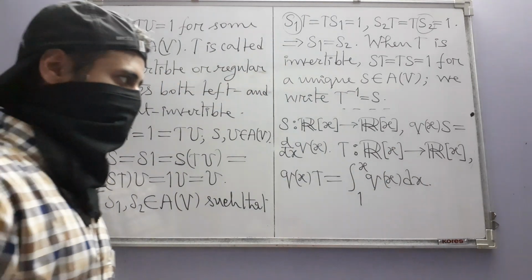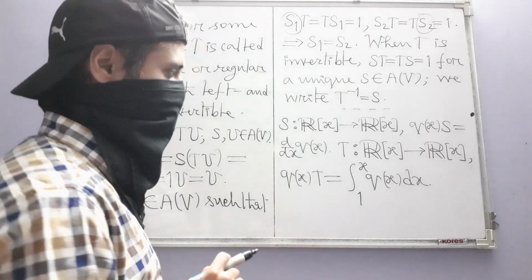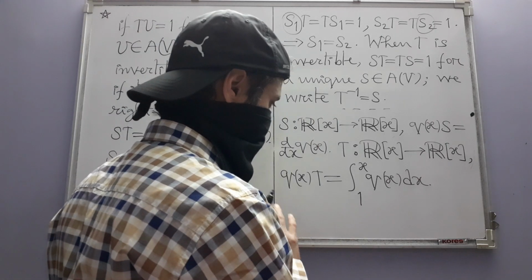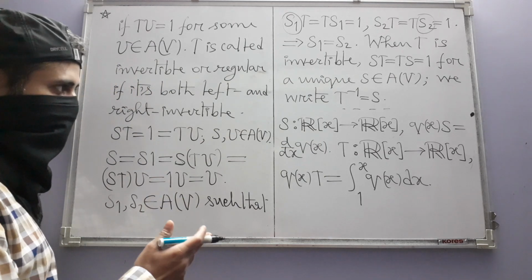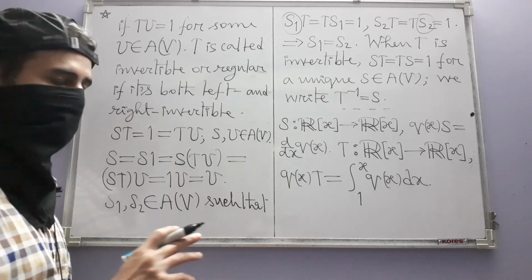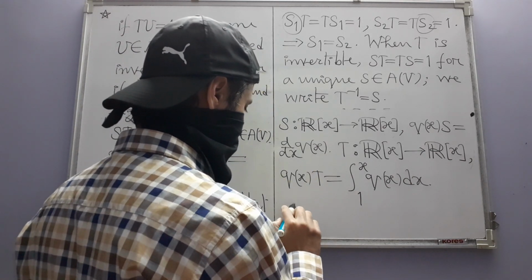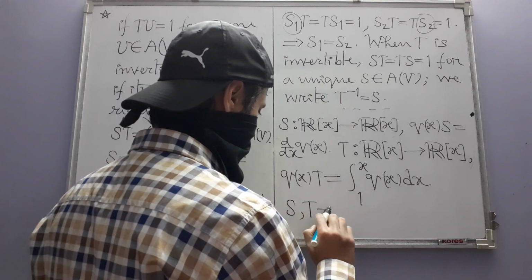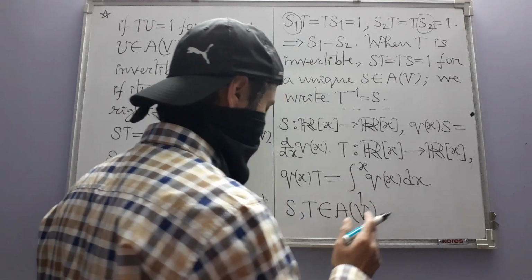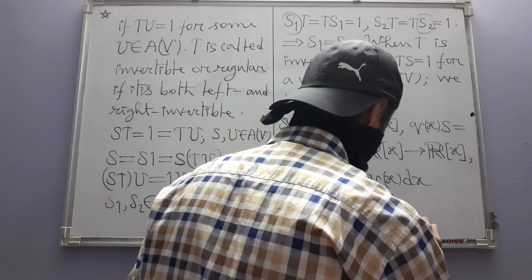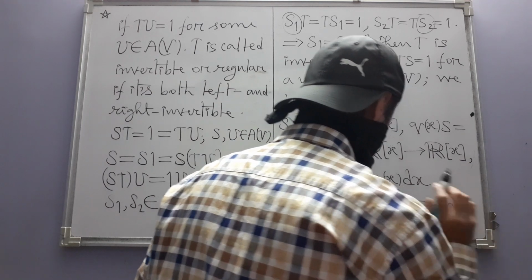Okay, and using the, or I should not say using the familiar rules of algebra, calculus, but rather rules that are similar to the rules of calculus will show you that this S and T are both linear operators on V. Of course, in our case right now, in place of V we have R[x].